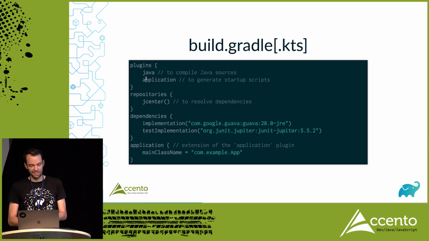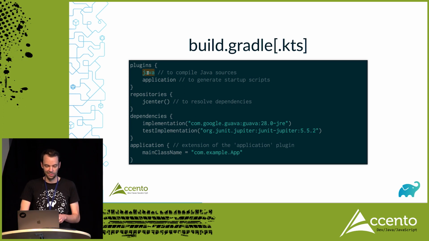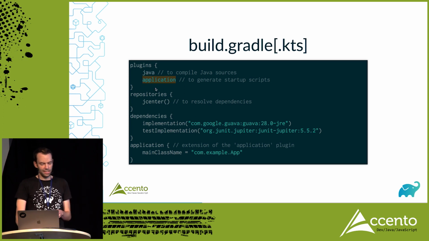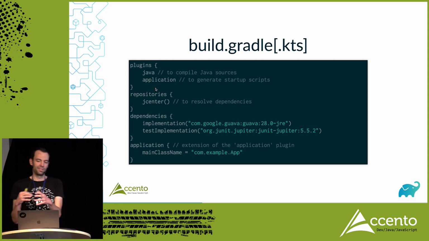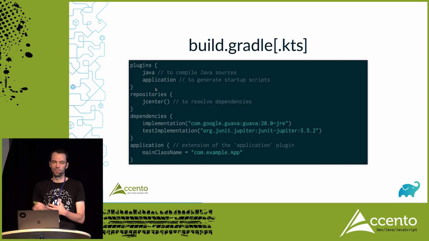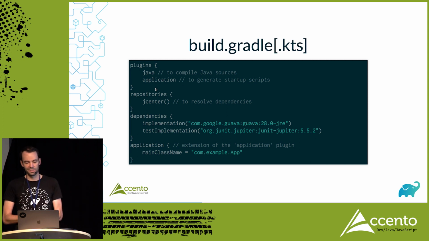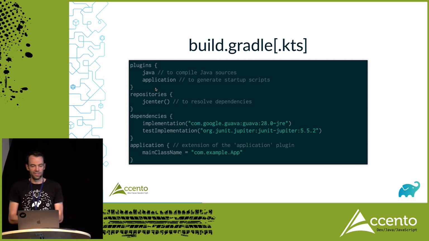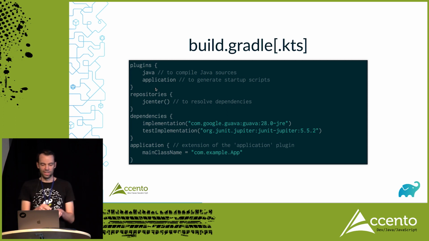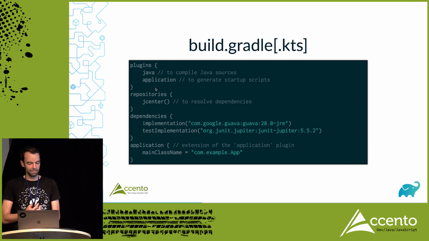In this case, we're going to apply the Java plugin because this is a Java project and we want to compile Java sources. We're also going to apply the application plugin because we have a main class, and the application plugin can generate startup scripts for us so we can run this class on Unix systems or on Windows without figuring out all the Java parameters that we need to set.